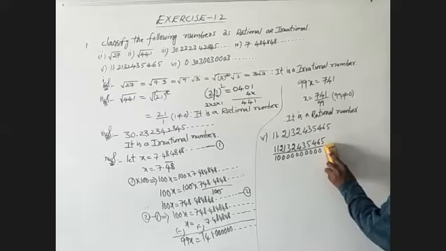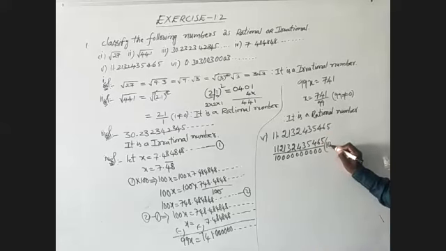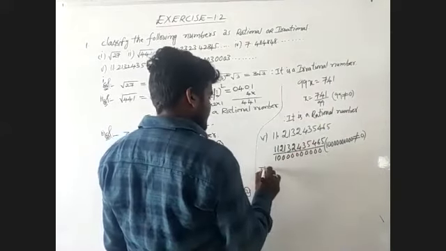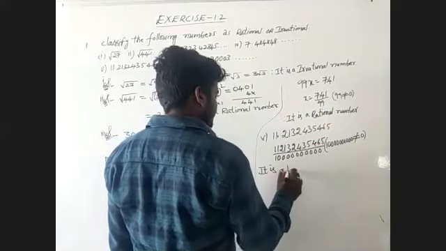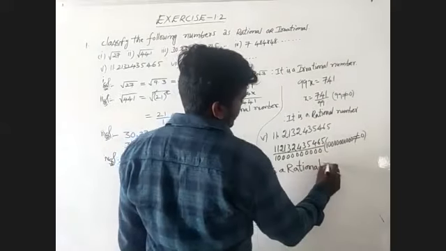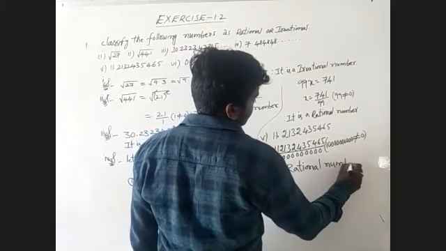The denominator is not equal to 0, and it is of the form p by q. It is a rational number.